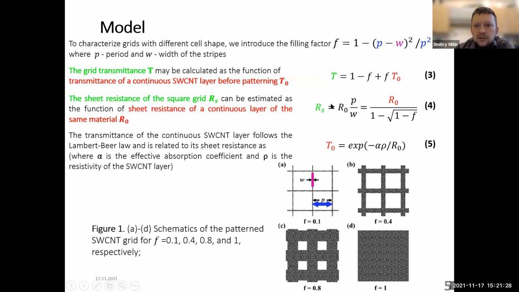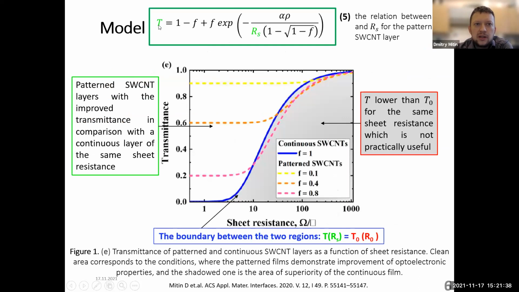Also the sheet resistance of the electrode and the initial transmittance. Using these formulas, we get the relation between transmittance and sheet resistance for the patterned CNT layer.